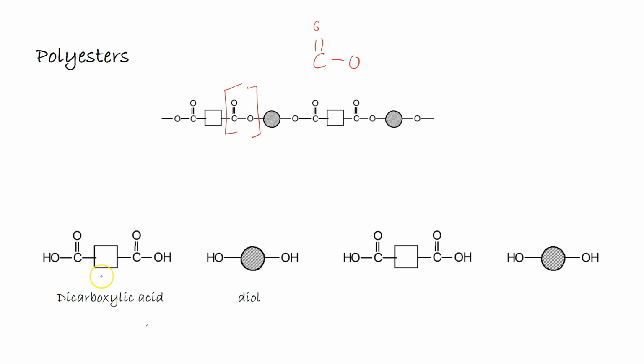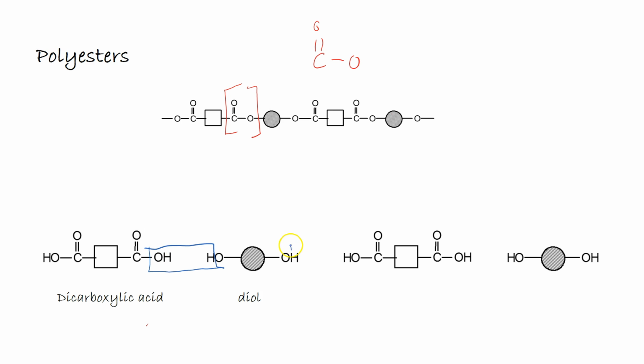We can have the dicarboxylic acid, and then we've got an alkyl group between the two carboxylic acids, just shown by a square, and a diol, the alkyl group between the two alcohol groups here, shown by a grayed out circle. These will react together in a condensation reaction.